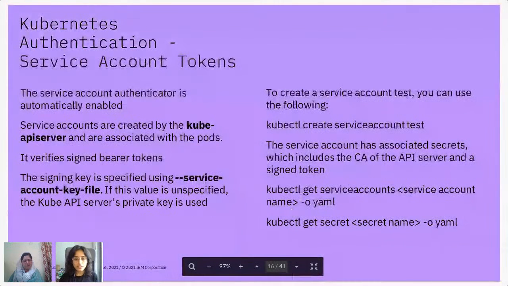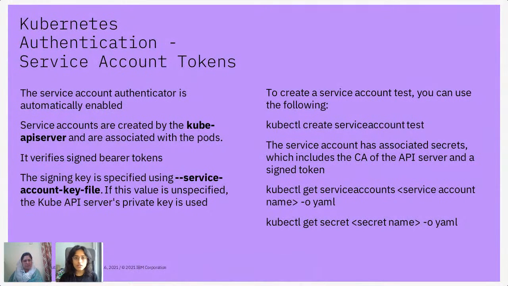We also have tokens. So the first way of using tokens is service account tokens, right? By default, the pods being deployed into a namespace have a default service account. So the pod makes use of a secret created out of the service account and then tries to access the functionality of the Kubernetes API server. So if you want any additional functionality to be provided, you need to create a service account.